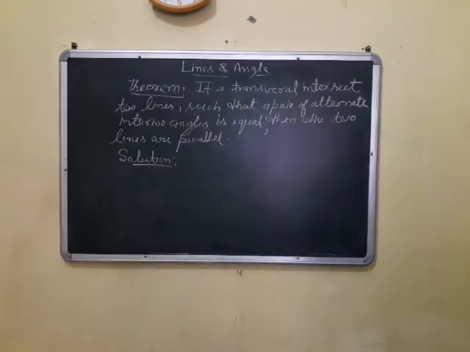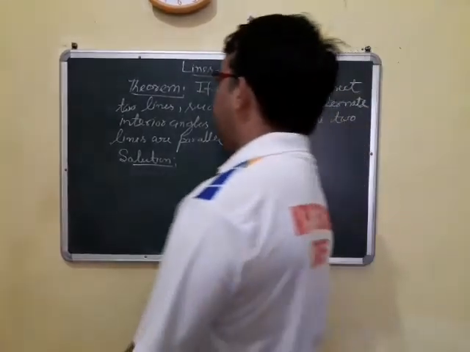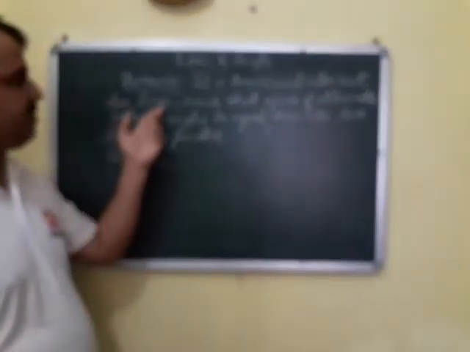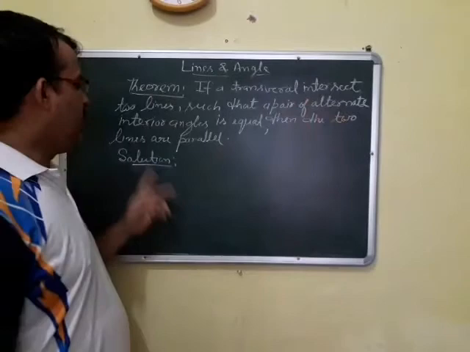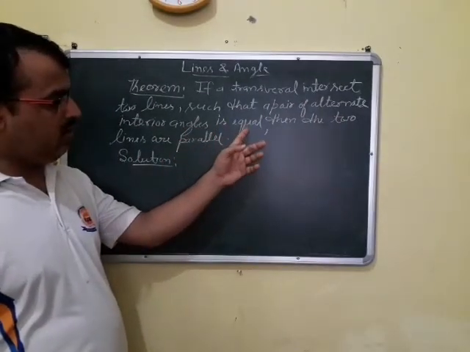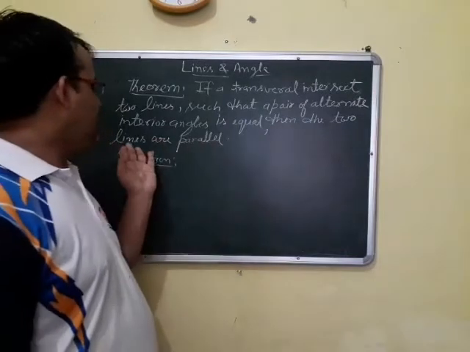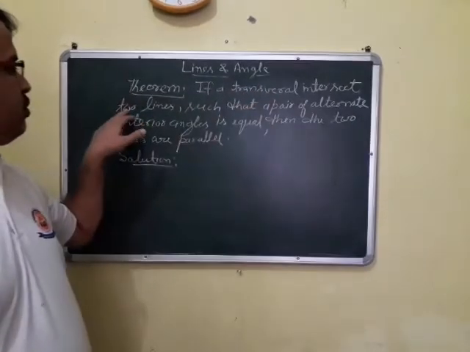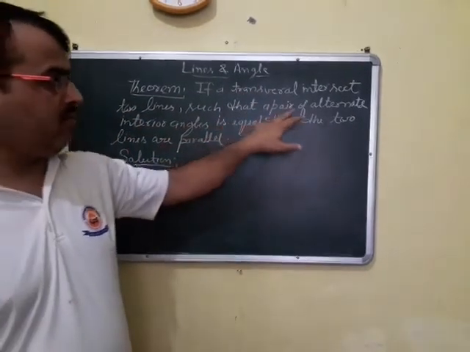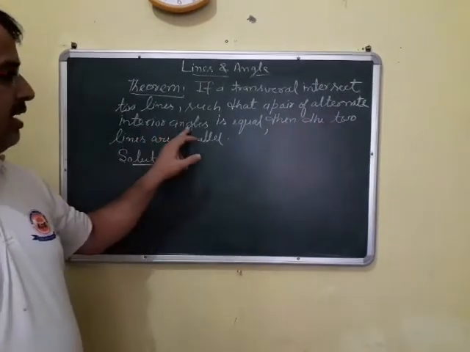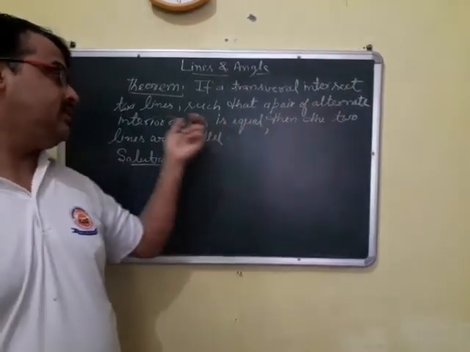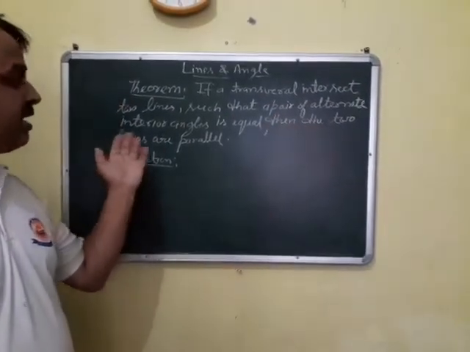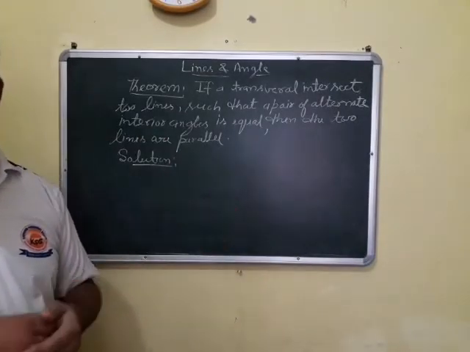Given here is the theorem: if a transversal intersects two lines such that a pair of alternate interior angles is equal, then the two lines are parallel. यहाँ पे कह रहा है कि अगर अल्टरनेट इंटीरियर्स एंगल इक्वल हो रहे हैं तो देन प्रूव दैट हमें ये प्रूव क्या हो जाता है कि लाइंस आर पैरेलल। Clear?